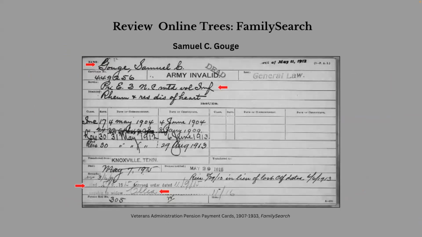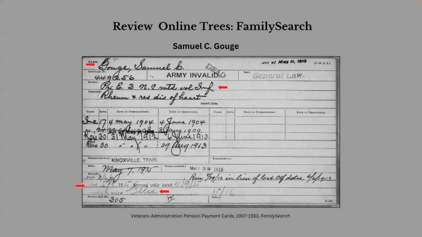After you've collected all the stories and the artifacts you can find, and you've interviewed your older relatives, you want to support and corroborate those stories with documents that someone else may have posted on their online trees. Now, maybe someone else has artifacts and stories that you don't have about your ancestor.